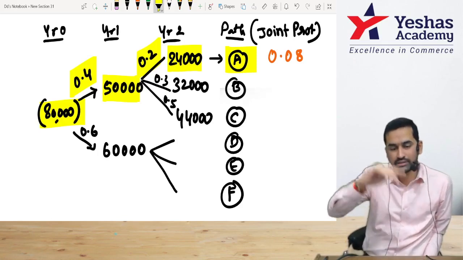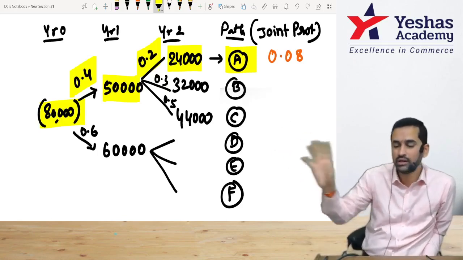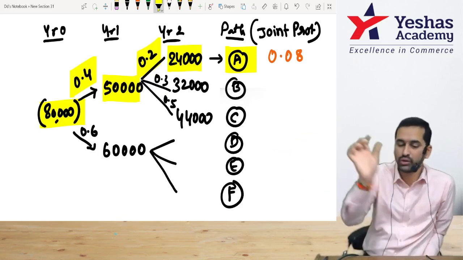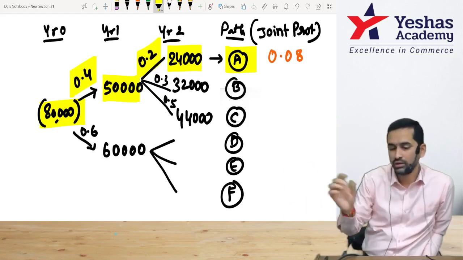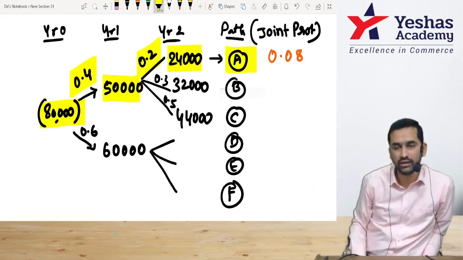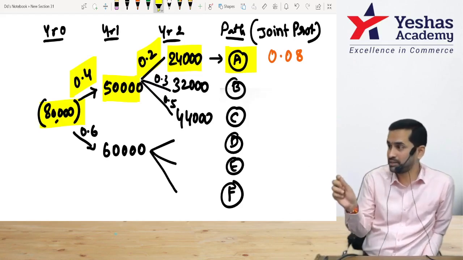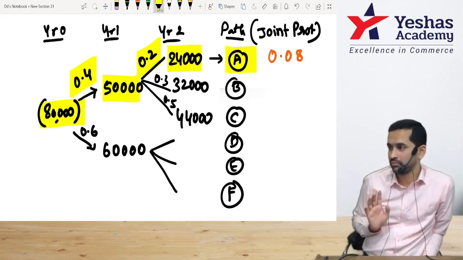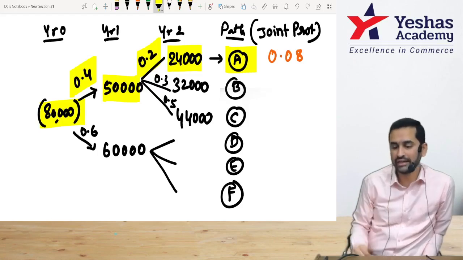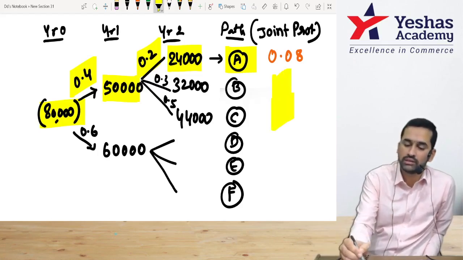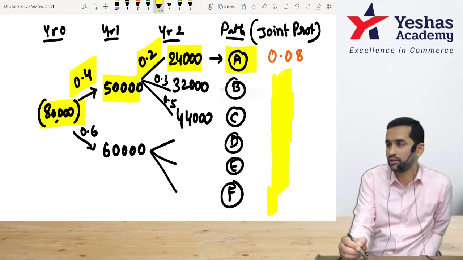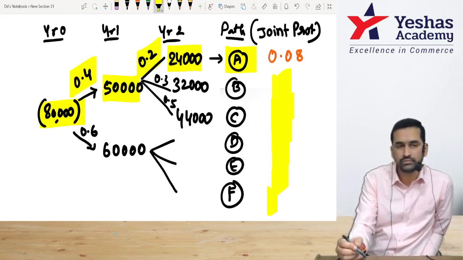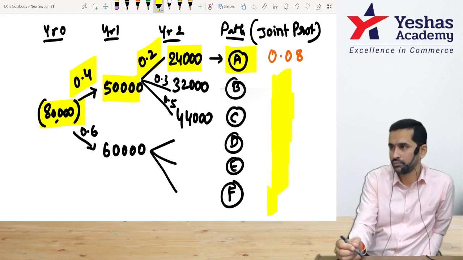And if that happens, then what is the chance of earning 24,000? 20%. That means it is 0.4 into 0.2. That will be 0.08, which means there is 8% chance that you will have path A. Able to understand? Like this, I will have 6 numbers, and these are called joint probabilities. Can you start copying now?